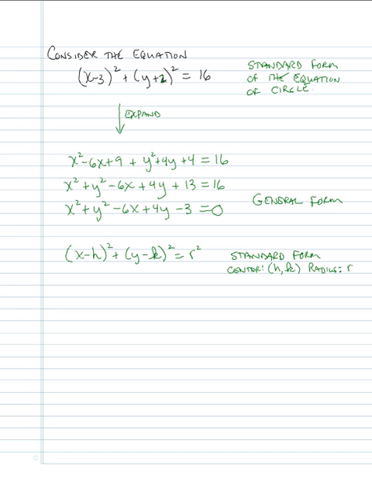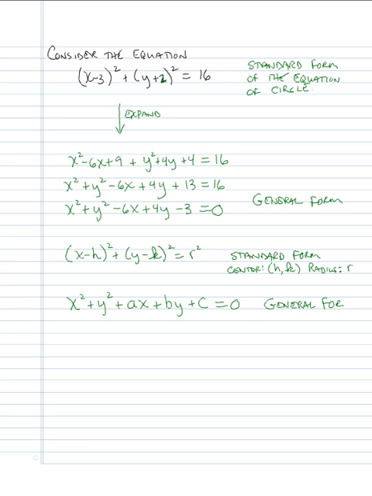Okay. Now the general form looks more like this: x squared plus y squared plus some constant times x to the first plus some constant times y to the first plus some constant equals 0. And those constants might be positive or negative, and they could even be 0. But certainly that's the form. This is the general form.